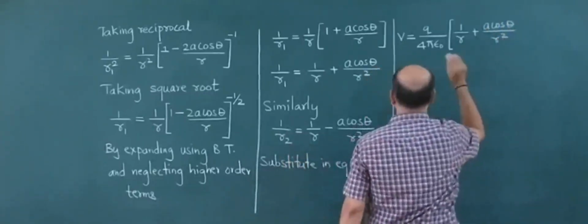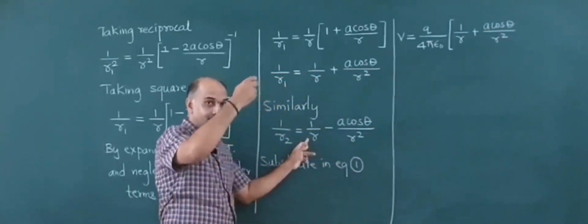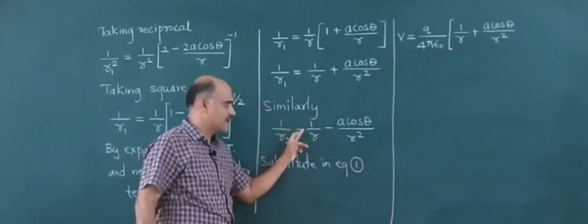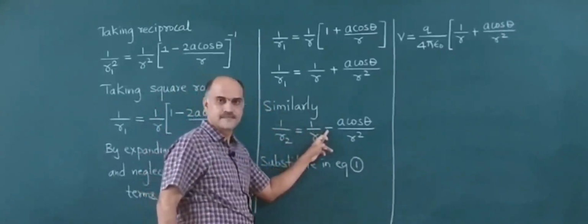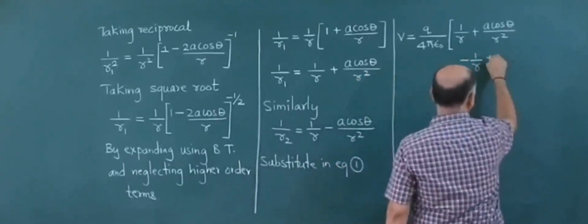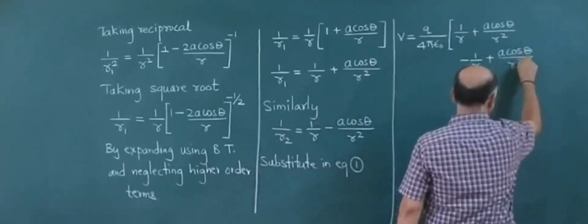R2 is this one. So in equation 1 we are having 1 by R1 minus 1 by R2. So if I take minus, this becomes minus, this becomes plus. So minus 1 by R plus A cos theta divided by R square.